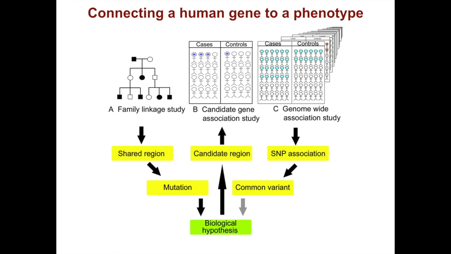So then you take your candidate region and you can go back and sequence it in both the cases, which would be the affected people, and in controls, and see whether the cases, these affected individuals, have a mutation in a particular gene. And with the increasingly low cost of sequencing, this will make these types of studies a lot easier in the future, and we'll be able to link more and more genes to particular phenotypes.